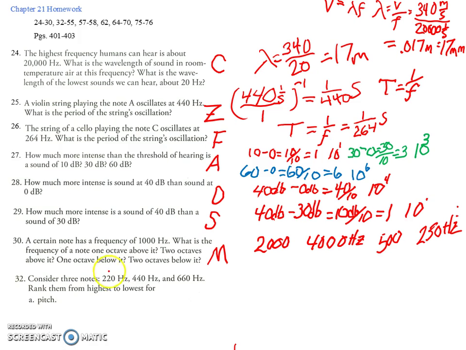If we call this A, this B, and this C, our order will simply be C, B, A. For frequency, that's the same thing. C, B, A.